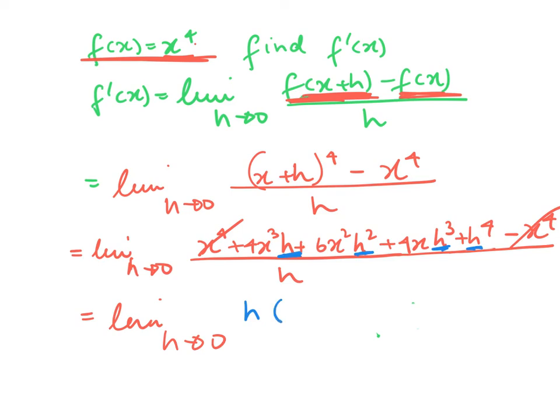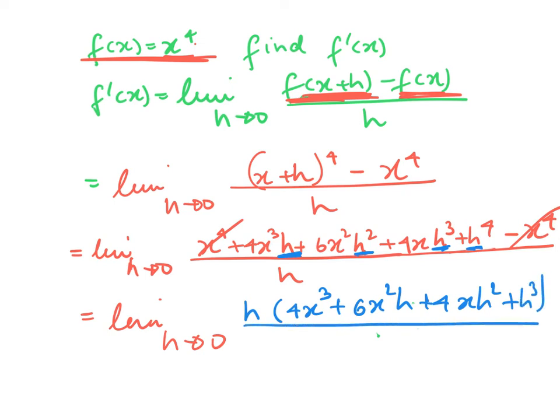So I'm just going to take h in front and then copy everything else that's left. I'm just going to mention why it's important to have this h in front. As you can see, in the denominator we have h, and at some stage we have to get rid of it.